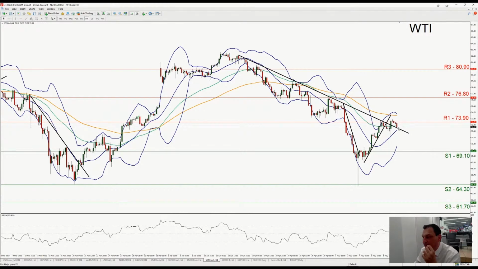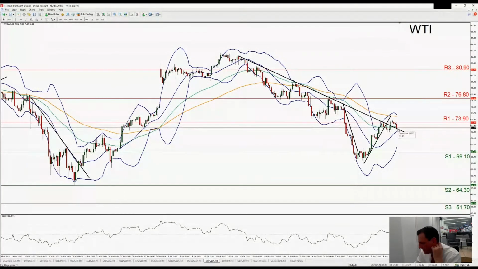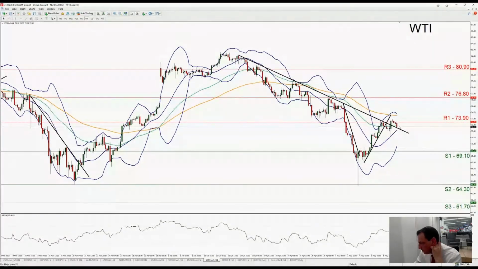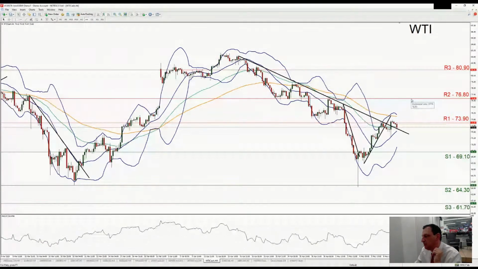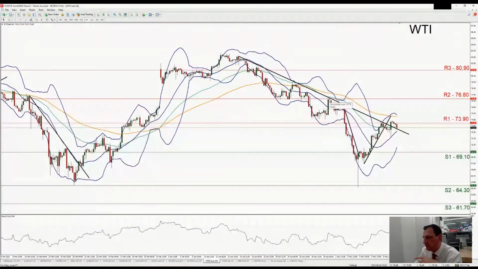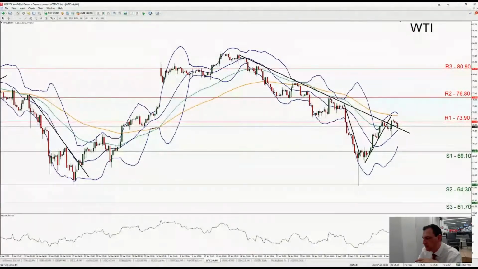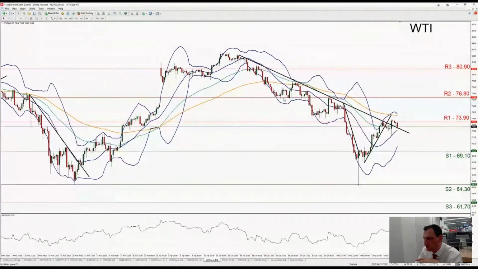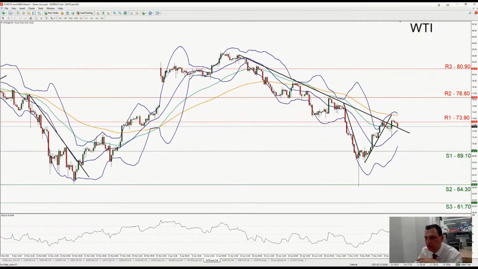Should the bulls take the lead once again, we may see the price action of WTI breaking above the R1 73.90. And in that case, we may see it even aiming for the 76.80 resistance level, as we had a peak here. But note that this level was not only tested here to the upside, but also to the downside here, and also here.